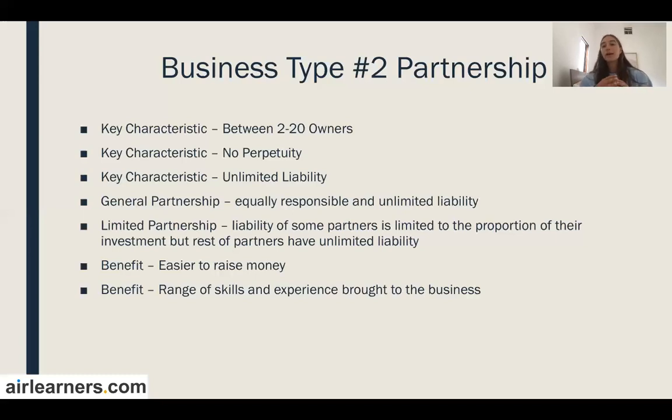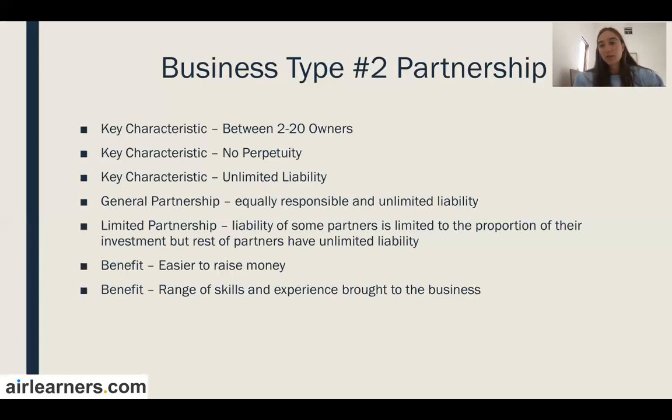So they can only be at risk for the amount that they invest into the business. So if they gave 10% of the investment, they're only liable for 10% of that debt, even though there might be 18 partners. So it's a bit less risky for those partners that have limited partnerships. But that's nothing too important, so don't worry about that too much.